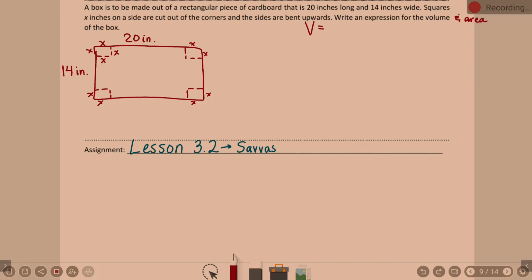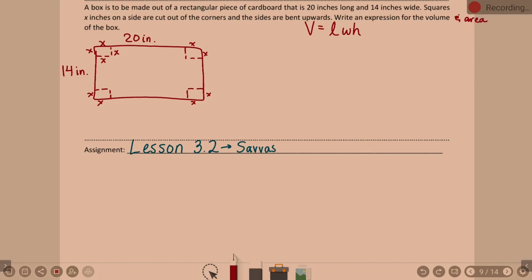Volume of a box is length times width times height. We'll get there. We don't know the length or the width yet either, really. We know the length and the width of the cardboard. Oh, is that the cube? Right. So, yeah, this is going to be of the box that we're going to form.